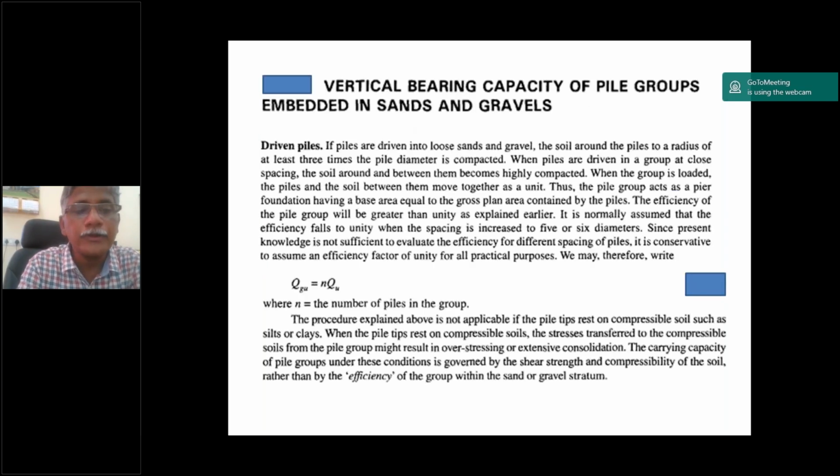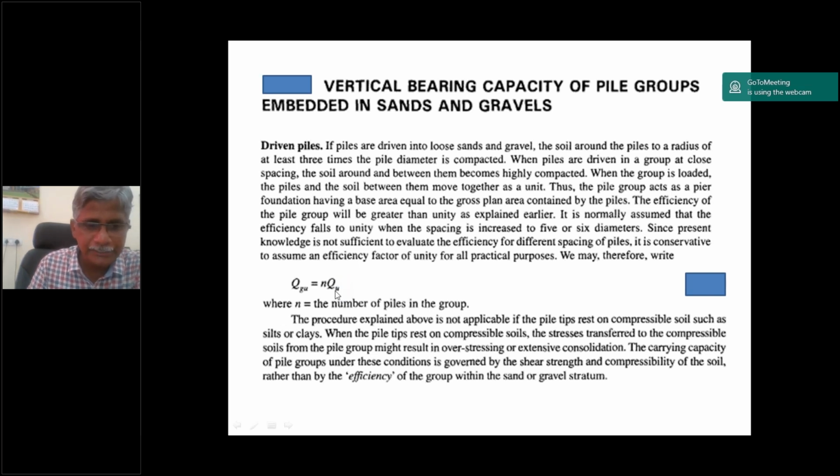It is suggested by Converse-Labarre. Now the other equation is for group capacity estimation, especially in sand and gravel, where we can use the formula group capacity equals n times QU. N is nothing but the number of piles in the pile group, multiplied by each pile capacity.